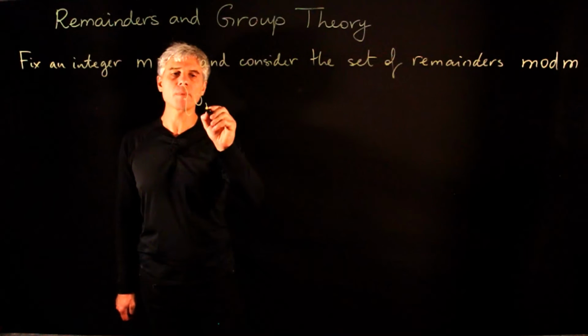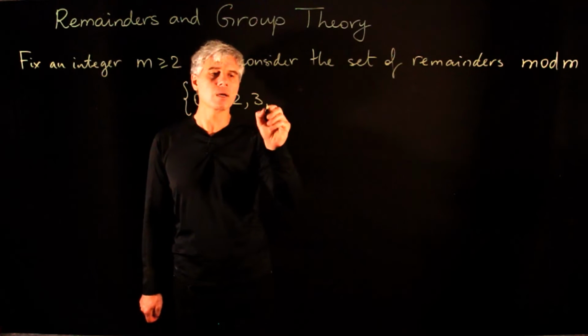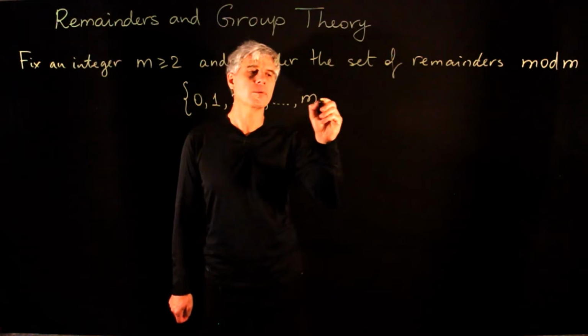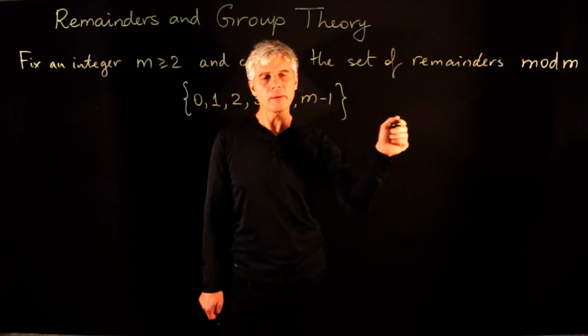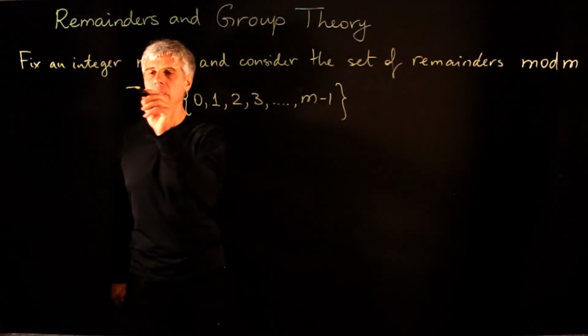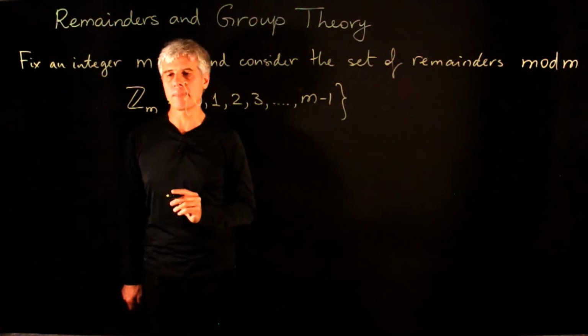Possible remainders after division by m are 0, 1, 2, 3, all the way up to m minus 1. So m minus 1 is the largest remainder because m has a remainder of 0. And this set is denoted as Zm.